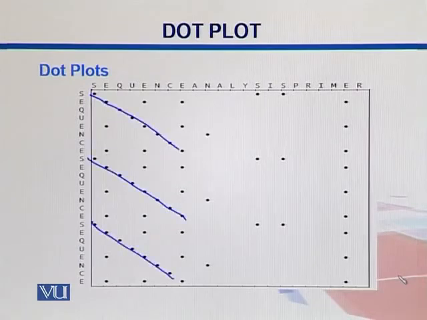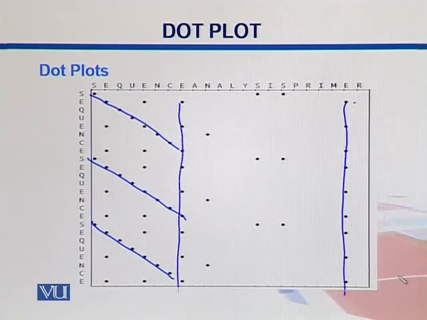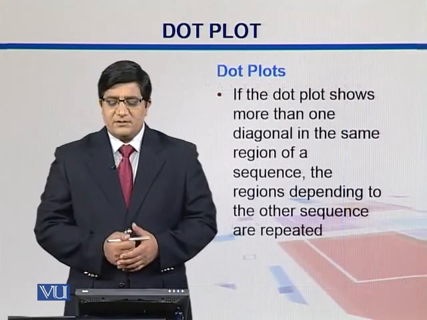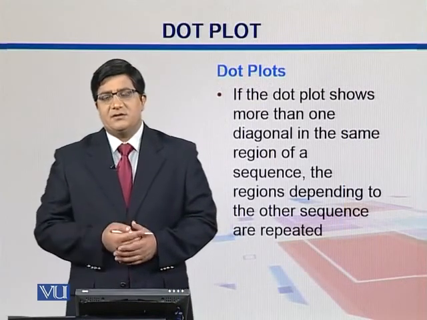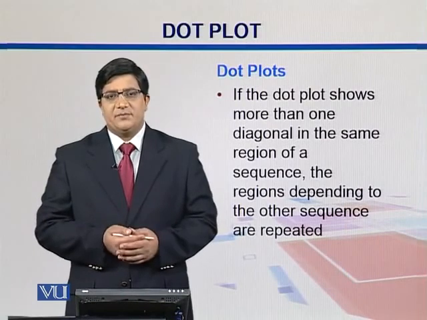So we have direct repeats. In the same way, we can look at the occurrence of some elements. How many times do we see the letter E in the other one? We can see it over here. For individual nucleotides, we can also look at their occurrences. Many times we see a lot of this letter E. If there is more than one diagonal in the same region of a dot plot, we can see that there are more repeats in that region.